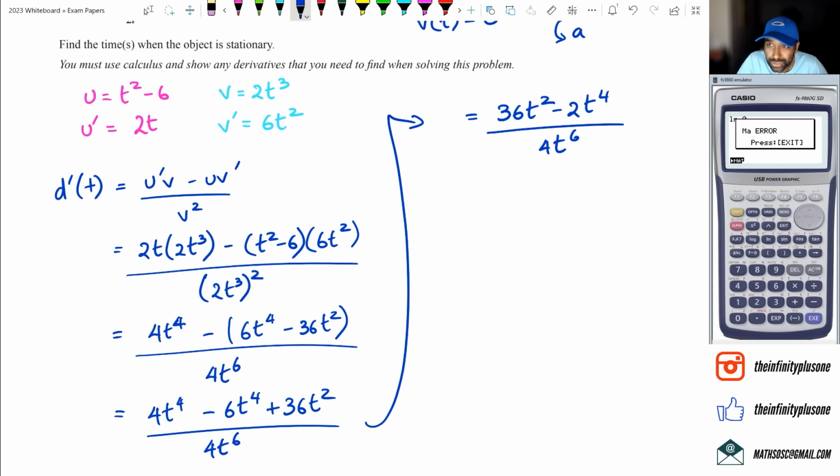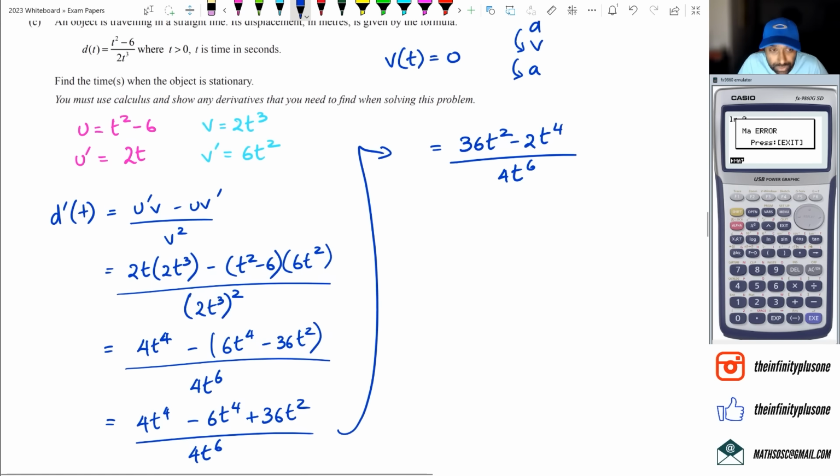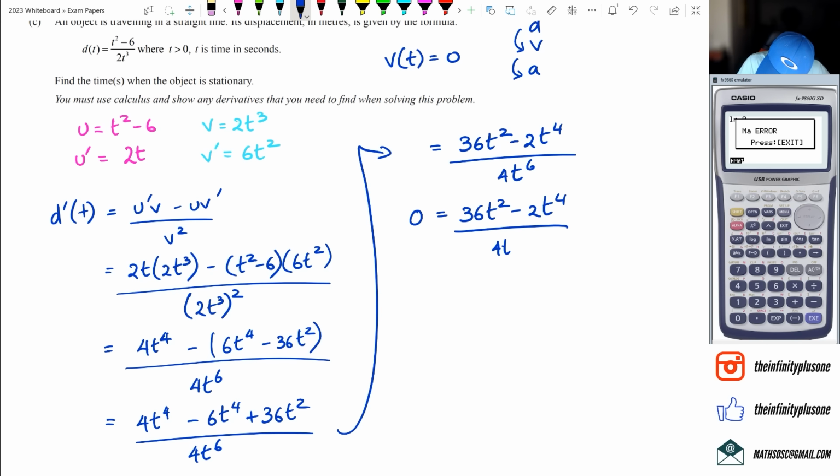Now remember that velocity is equal to 0 for stationary, so I can just put this equation equal to 0, and I've got 36t squared minus 2t to the 4 times 4t to the 6. Now the 4t to the 6 goes across to the 0, and that becomes a 0. So I've got 0 is equal to 36t squared minus 2t to the power of 4.